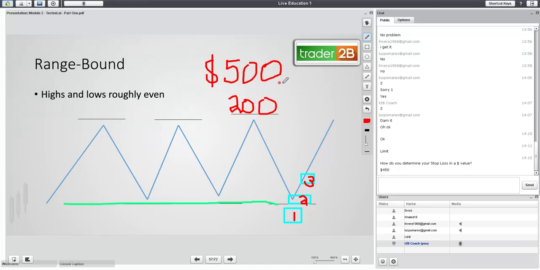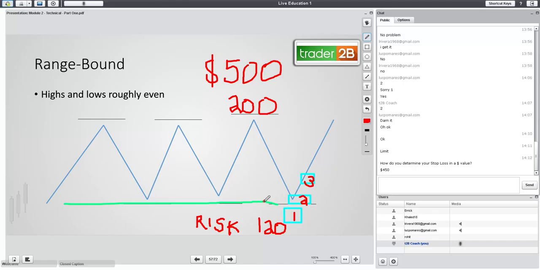But anyways, if our loss is let's say $450 instead of 500, right? What we want to do is break that down into two or three trades. So that basically comes to the point where we can risk about, let's say, $120 on the trade, right?